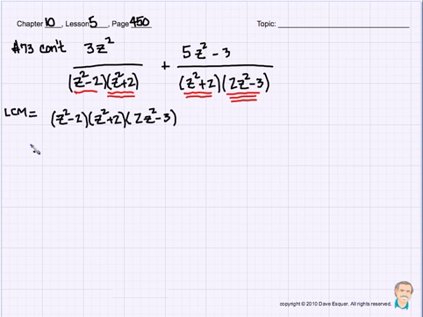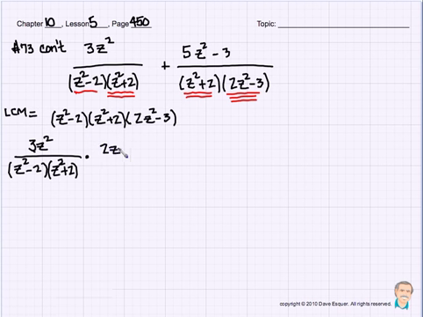So let's take our first term, which is 3z squared divided by z squared minus 2 times z squared plus 2. And we're going to have our LCD being exactly the same as we have up here.